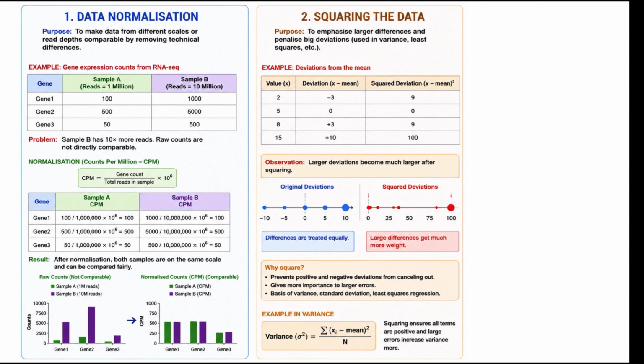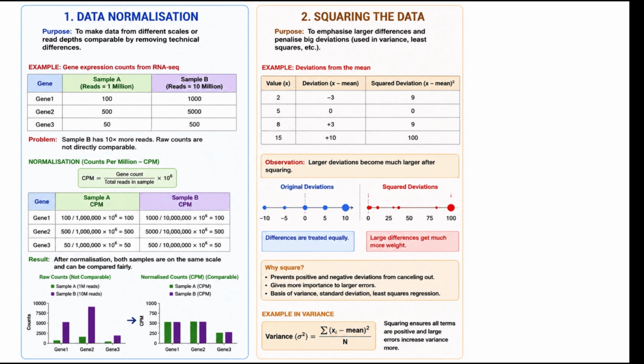For example, in a genomics experiment, we may sequence data on two different machines which have different capacities for reading sequences. Suppose machine A reads 1 lakh reads in a sample, and machine B reads 10 lakh reads in a sample.